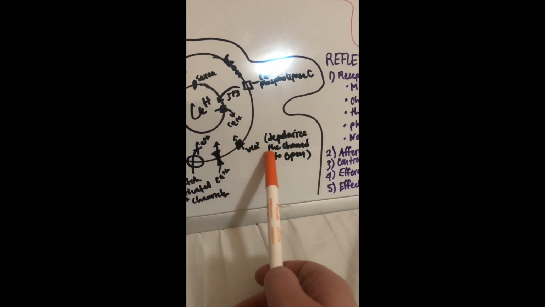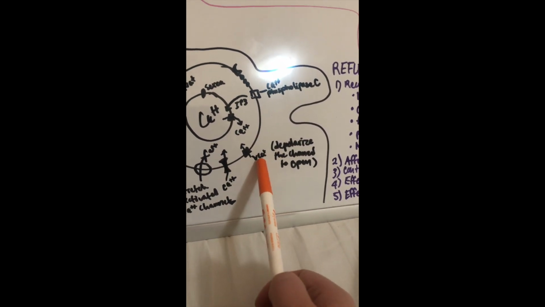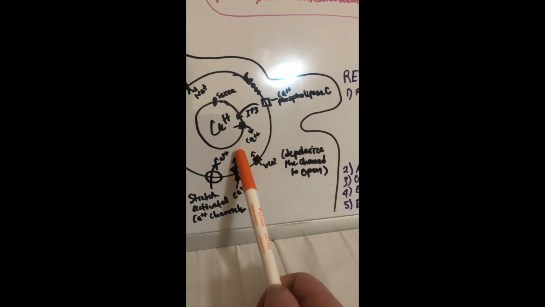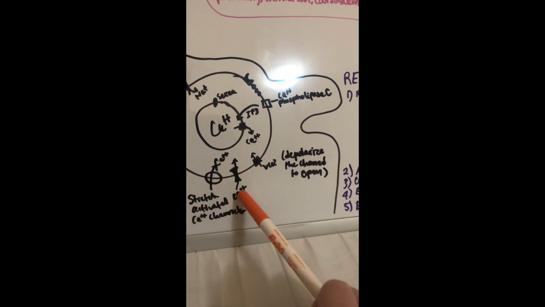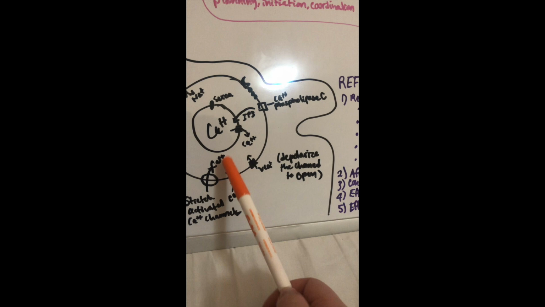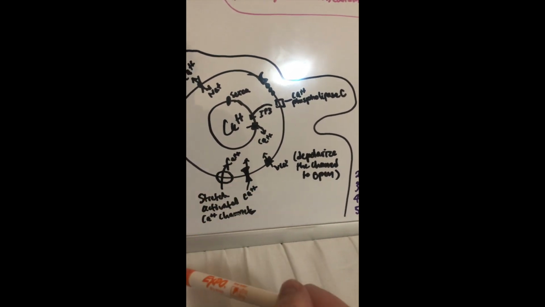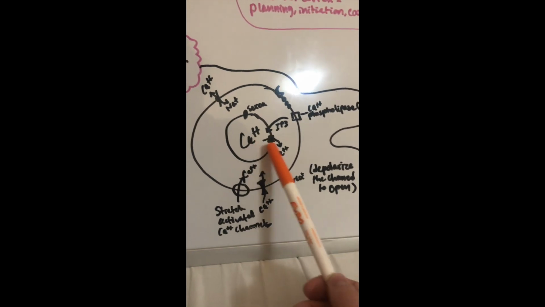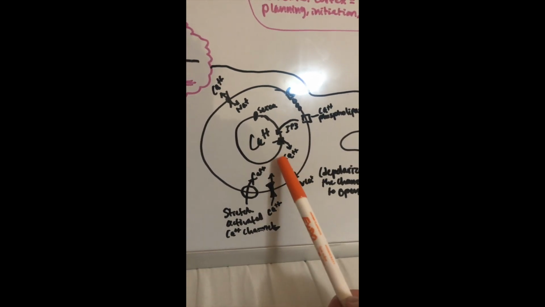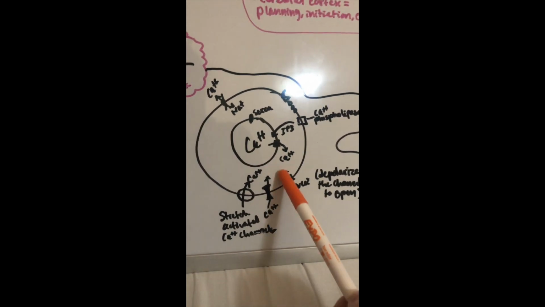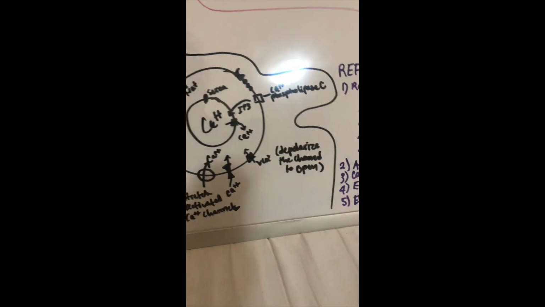So this then can come, and we've got our voltage-gated calcium that causes calcium to be brought back into the cell. We've got a stretch-activated calcium channel that brings calcium into the cell. So we're working on getting calcium out of the cell or out of the SR and into the cell so it can go do its job.